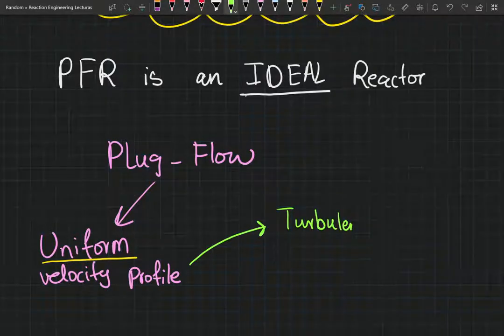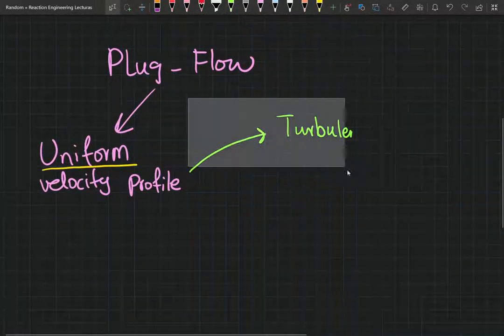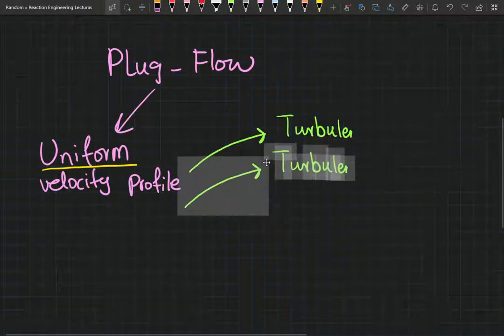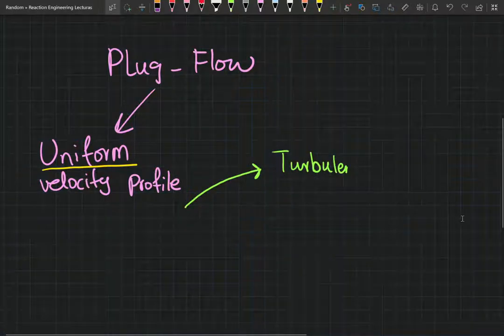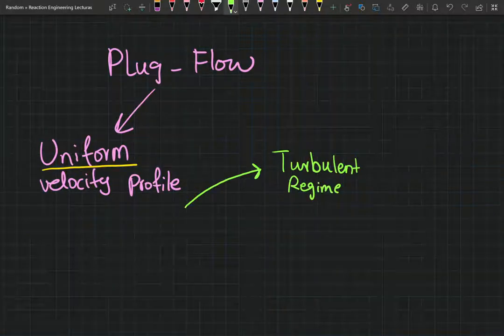All right, hold up, give me 1 second. We shall just move this to the side, make some room for the other discussion. Turbulent regime. And what else? Uniform velocity profile.